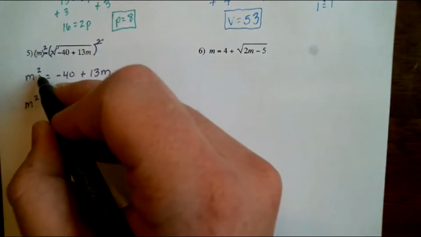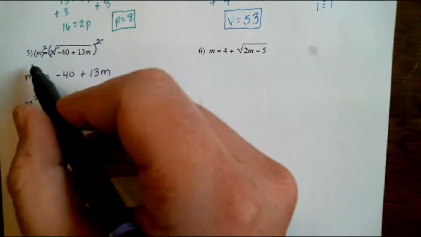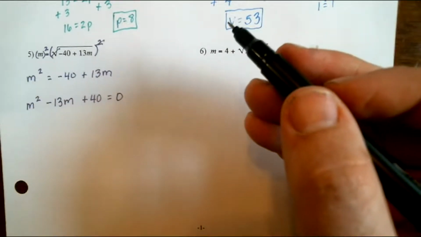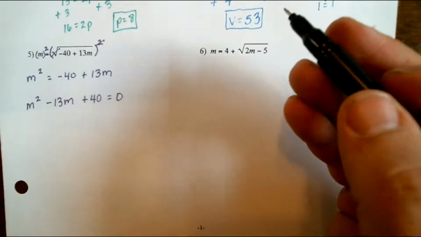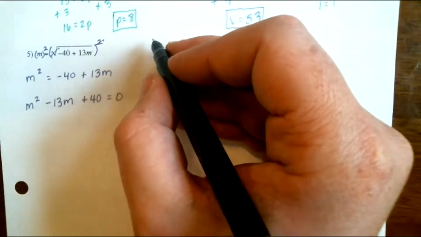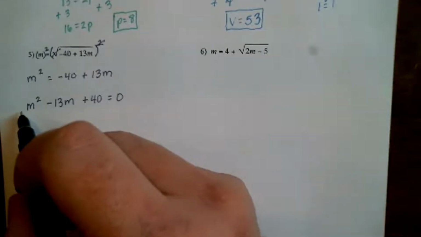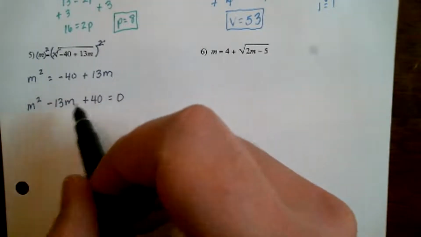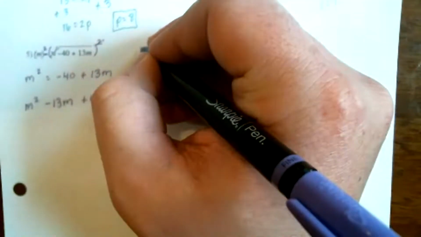Anytime I see that square and another variable, I need to be thinking quadratic equation, which is factoring, completing the square, or quadratic formula. So leading coefficient is 1. C is 40. 1 times 40 is 40.